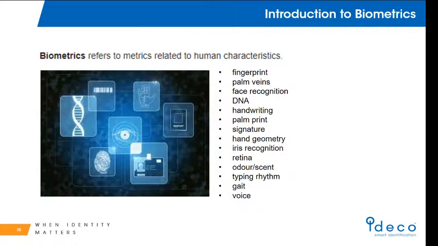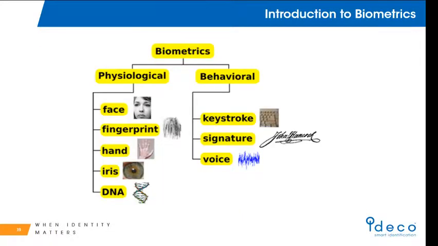Things like odor or scent of a person can easily be masked. The voice can easily be altered. Some are very accurate, like DNA, for example. Some are less accurate, but all of these are human characteristics that we can measure.